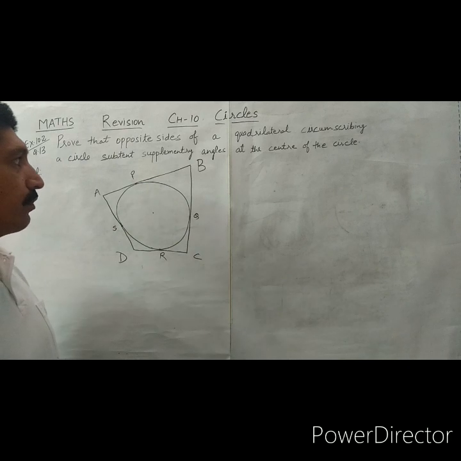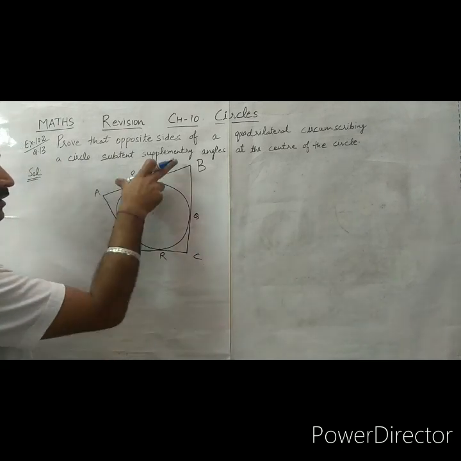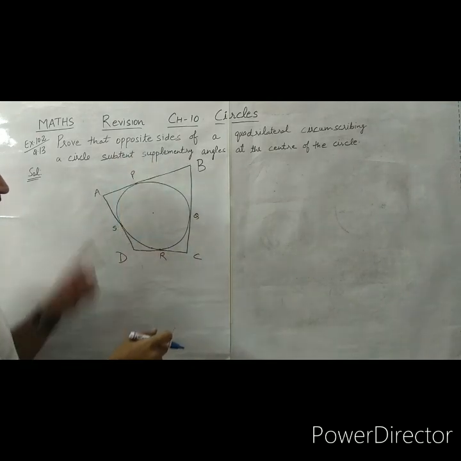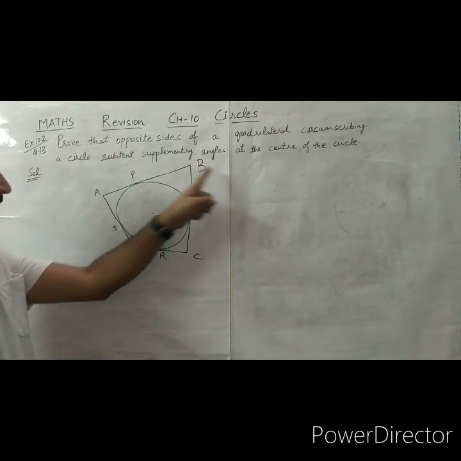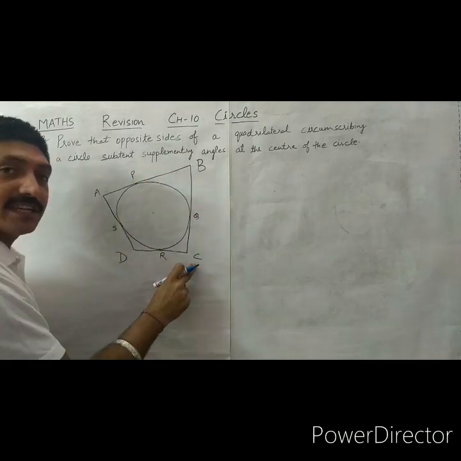So here we want to prove that angle subtended from the opposite sides. We can take the opposite sides AD, BC, or we can take the opposite sides AB and DC here.